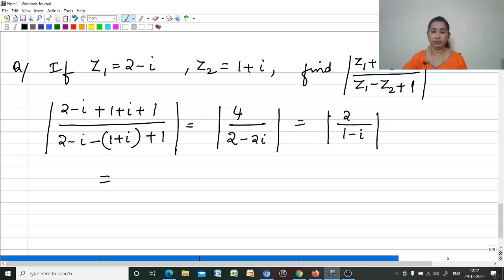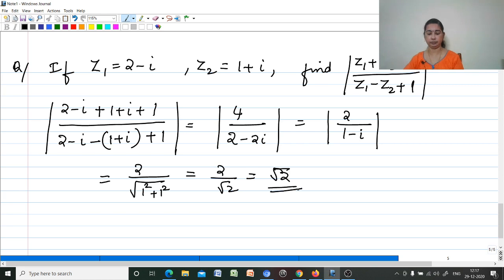And we have to take the modulus, so 2 by modulus of 1 minus i, which is root of 1 square plus 1 square, which is equal to 2 by root 2, and that is equal to root 2. Now next one.